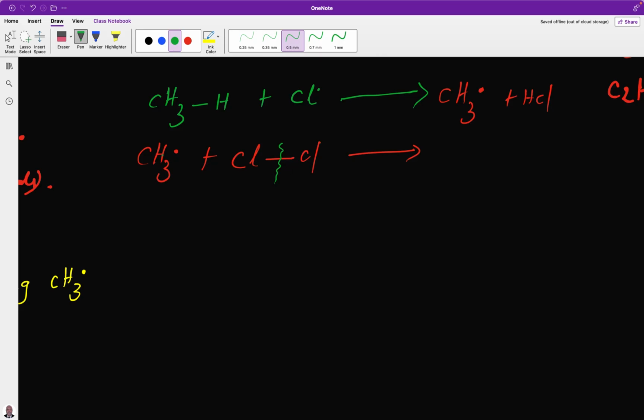One free radical from here and one chlorine free radical will react to form a full molecule. Meanwhile, a free radical of chlorine is left. So this is how it goes. It will be a CH3, CH.